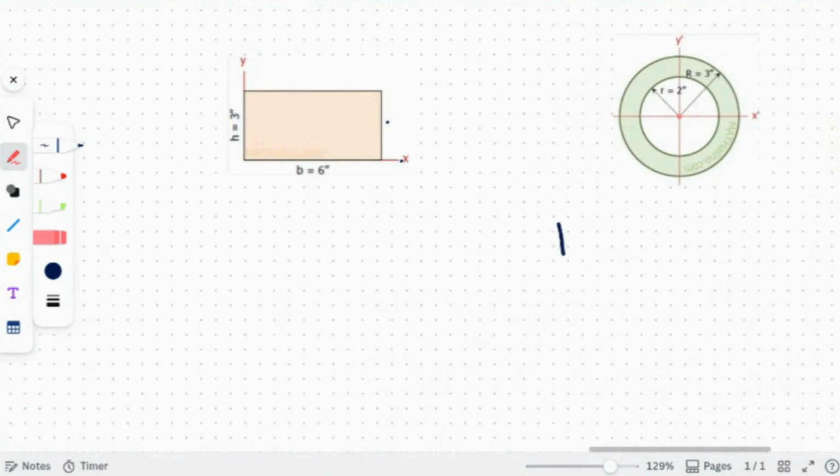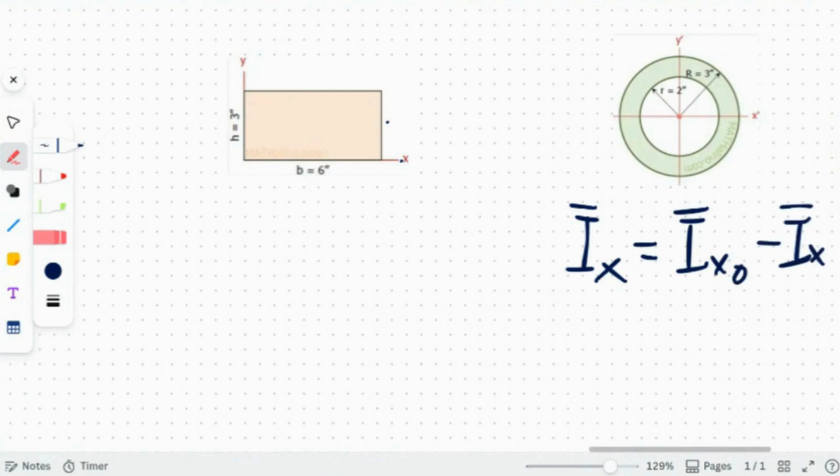Meaning the I x. We use an I bar to indicate centroidal moment of inertia. So I bar x outer minus I bar x inner.